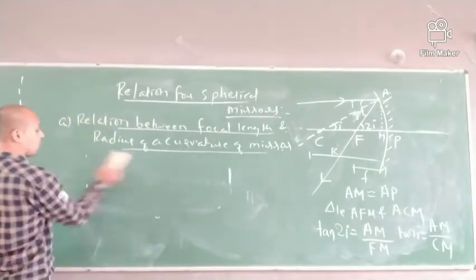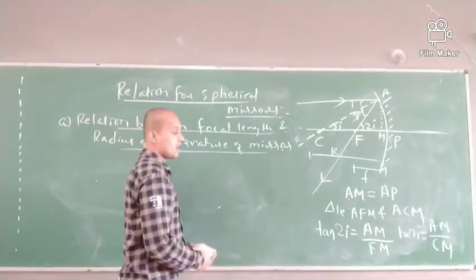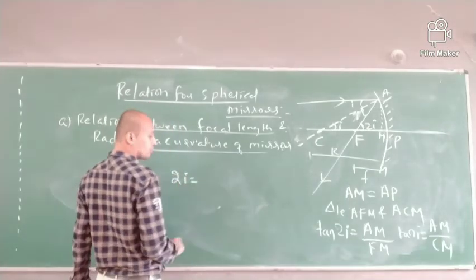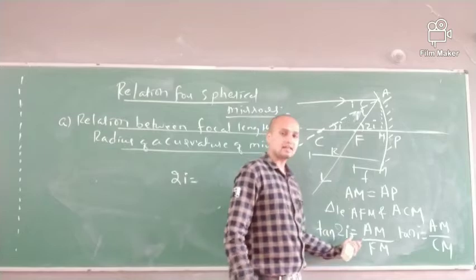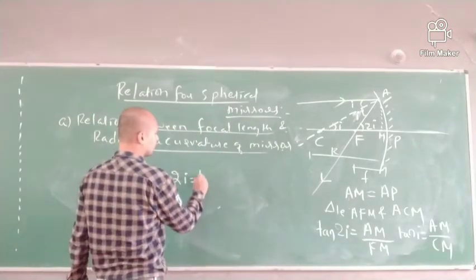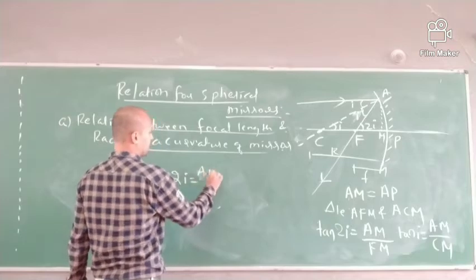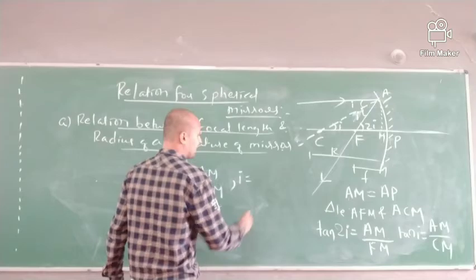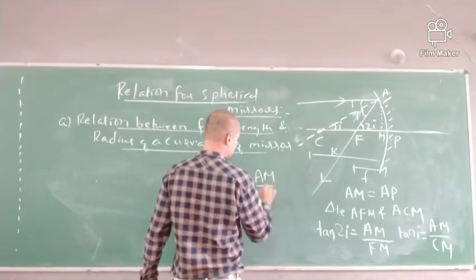Since angles are small, which I am assuming here, tan theta will become theta. I told you in the parallel approximation. 2I will become AM divided by FM, and I will become AM divided by CM.